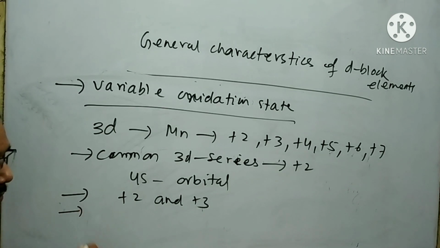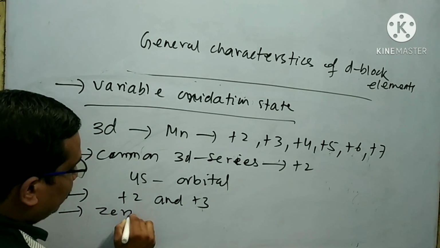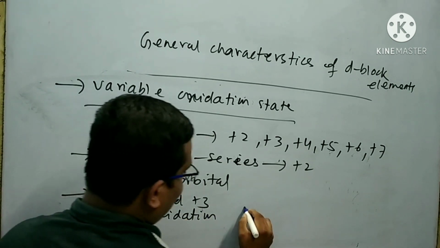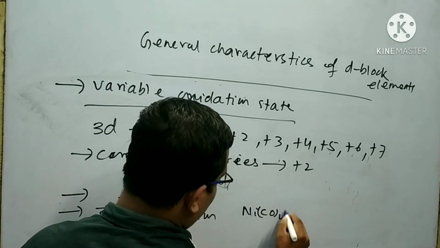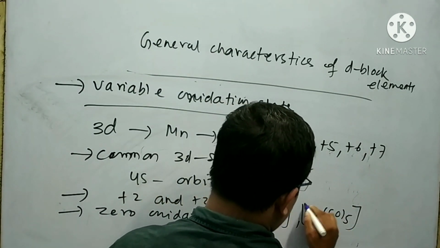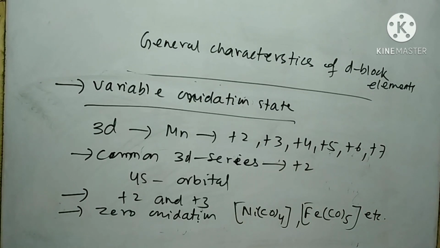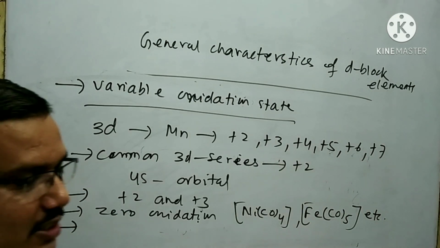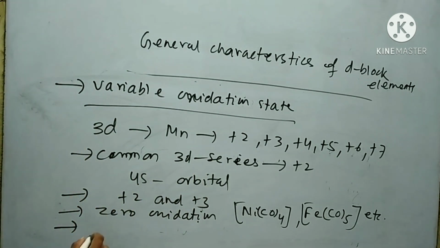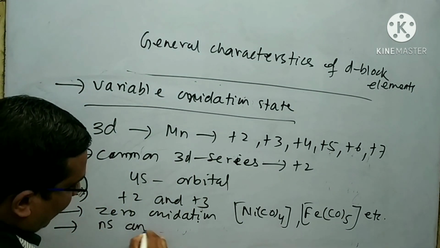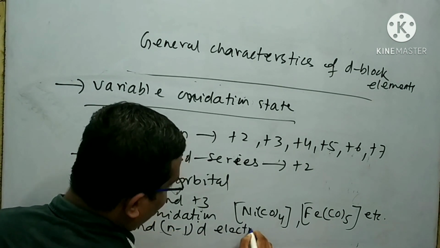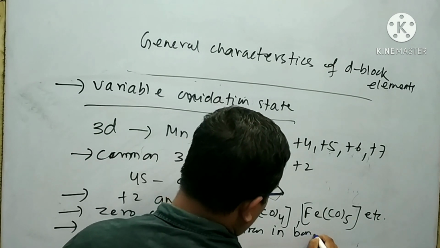The transition elements also show zero oxidation state in compounds like Ni(CO)4, Fe(CO)5, etc. The variation of oxidation state of transition elements is due to the involvement of ns and (n-1)d electrons in bond formation.